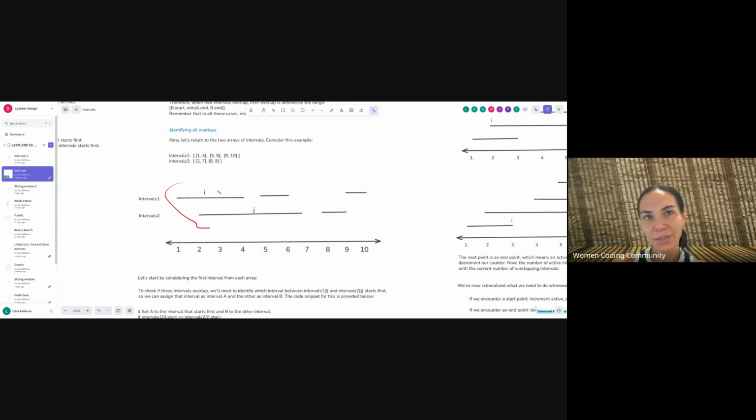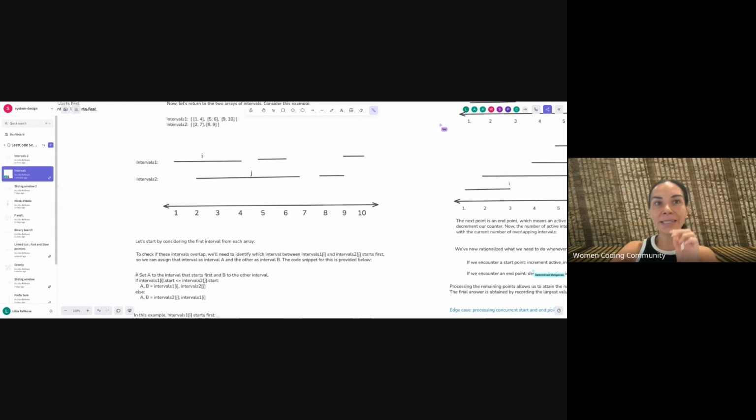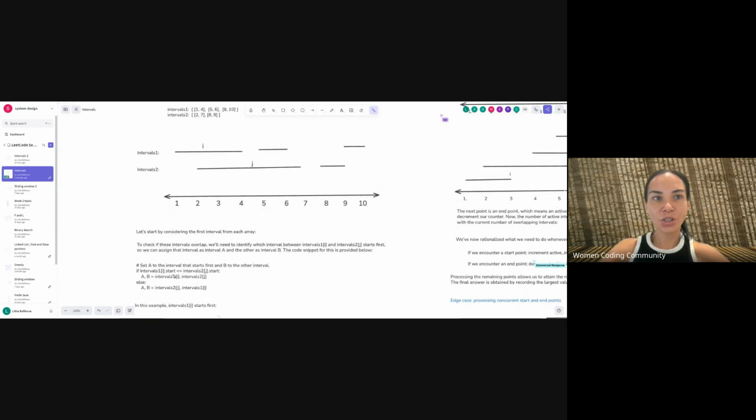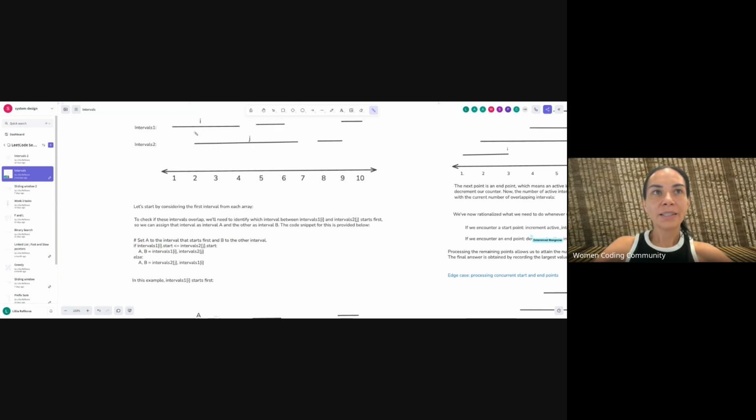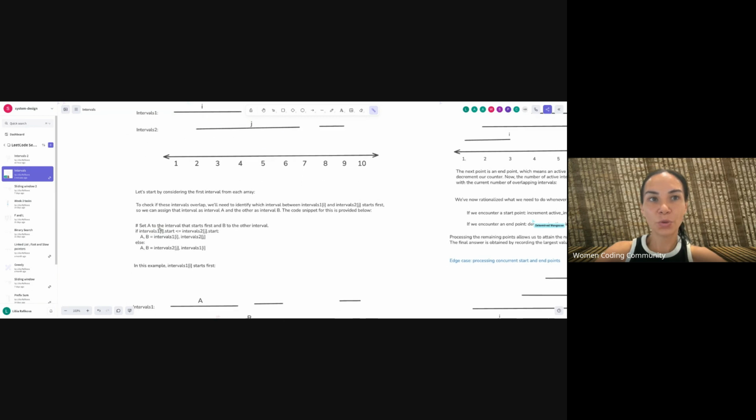Now, if you see here, I defined it. At this point we don't know who is our A and who is our B. Let's start by considering the first interval from each array. To set A to the interval that starts first and B to the other interval, we will use this condition. At each point, we will take the first interval from set 1 and compare it with the first interval from set 2.